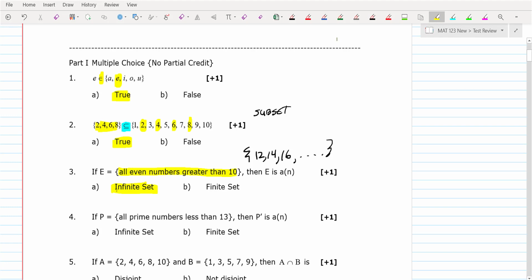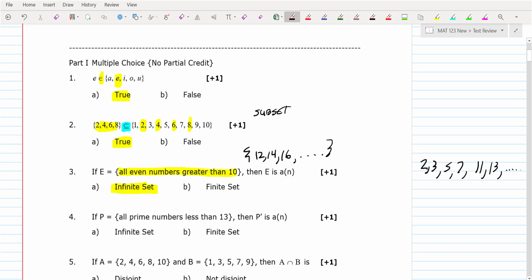Okay, the next one says all the prime numbers less than 13. Well, one thing that you want to make sure that you know, and you can write this down on your note card for the test if you have to: what's the first prime number? 2. Then what? 3, 5, 7, 11. You can figure it out. It's just the numbers that only divide by themselves and 1.